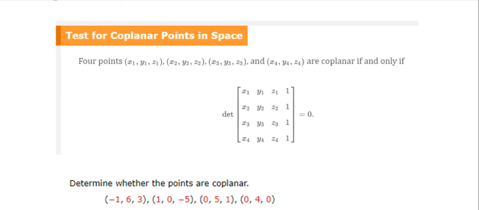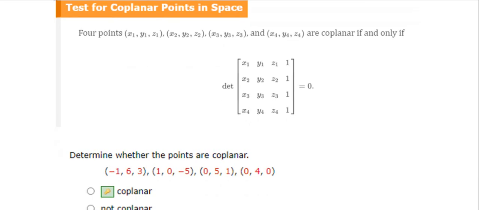So let's look at that, and on your calculator, we take these points. So we have the determinant. The first column is the x values: -1, 1, 0, and 0. And then this is 6, 0, 5, 4.